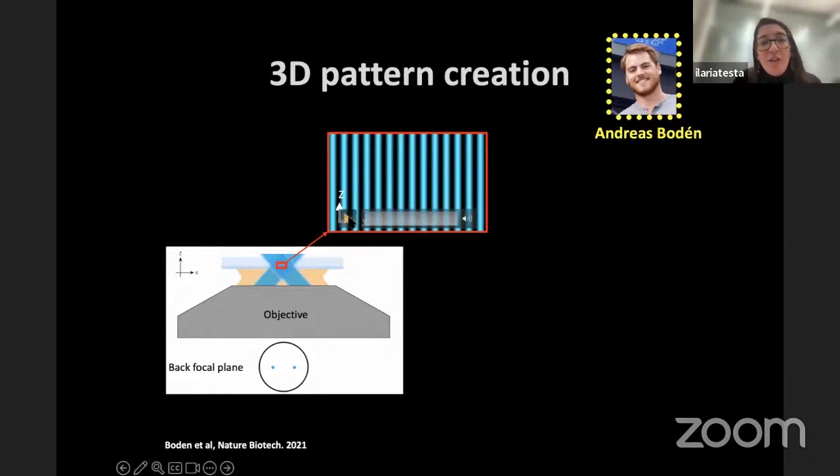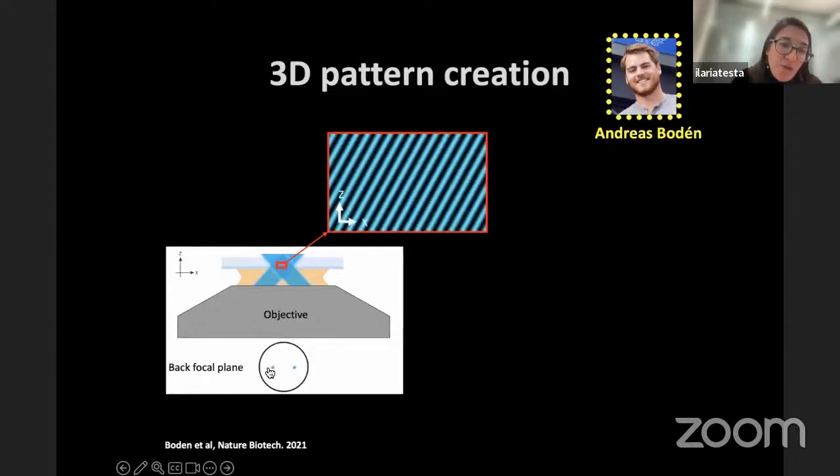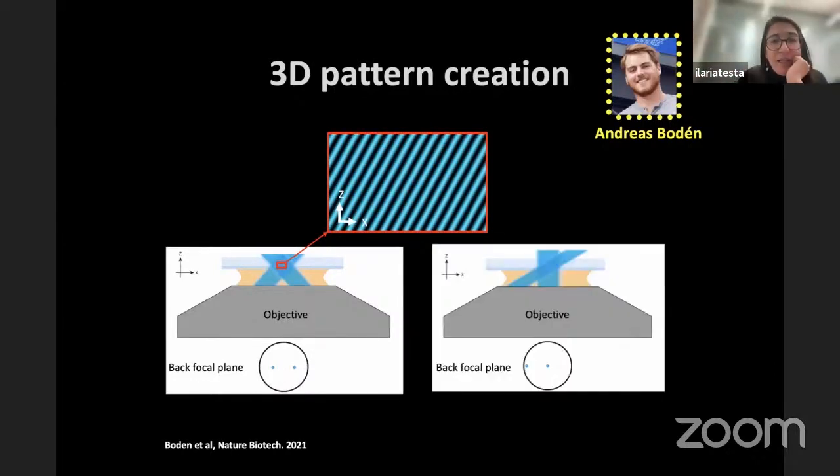So what he thought is, what if we do that? Basically, we move this point to the side. Then you can create this oblique plane. And then you can do the same. So you see that you move the point to the side, right? So they interfere, and now they have this oblique illumination looking sideways.